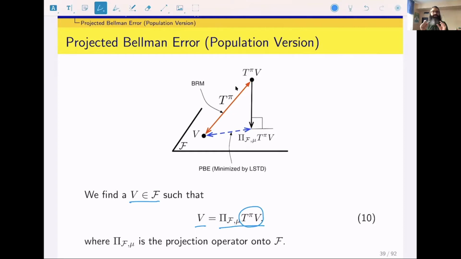Of course, if these two things are exactly the same, the distance between them would be zero. We have this projection operator, which I'm going to define more formally soon, which has two components: one is the capital F, the function space, and the other is mu, the distribution that we use for defining the distances.